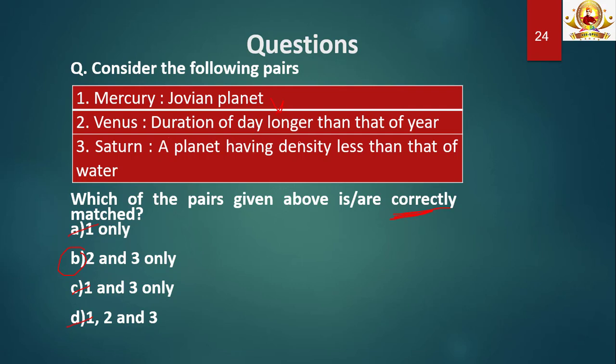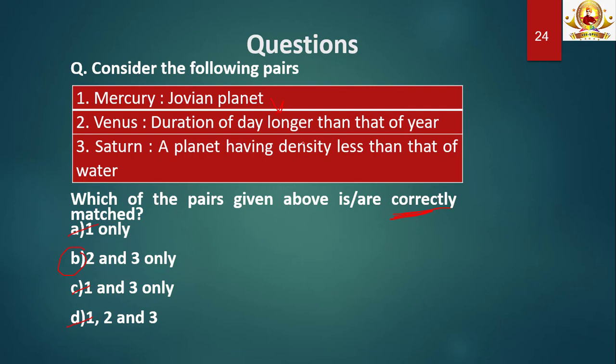Venus, the duration of day longer than that of the year. With an equatorial diameter of just 4,875 km, Mercury is the smallest planet of the solar system. Venus has a rotation period of 243 days and a revolution period around the Sun of 224.4 days. Thus the planet Venus has a duration of day longer than that of the year.